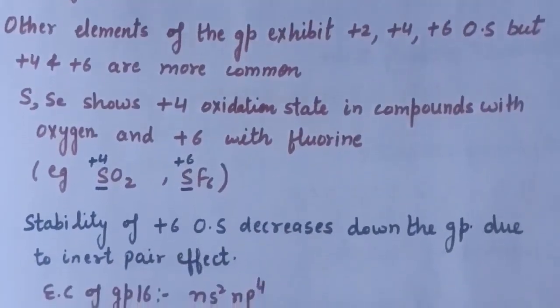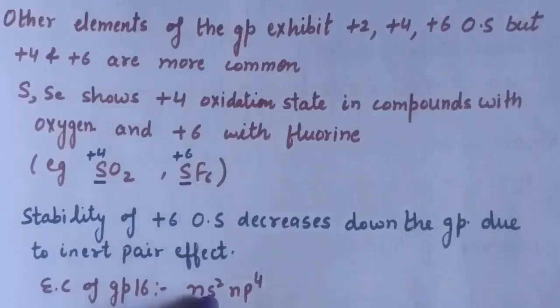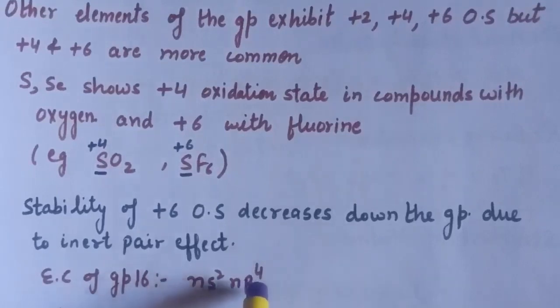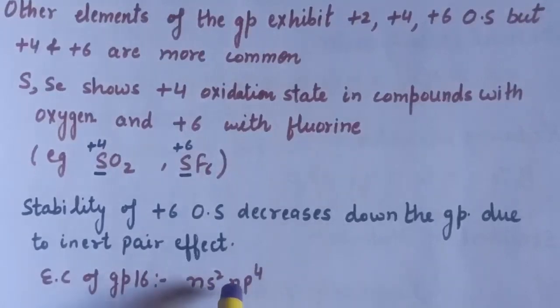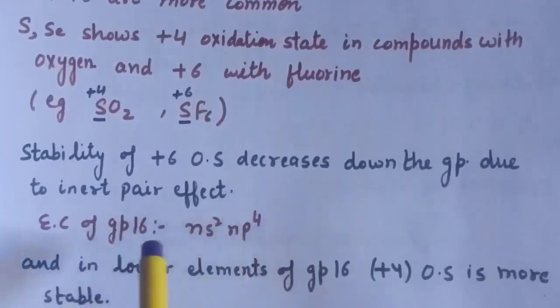This we have discussed in group 15 also, that due to the presence of d and f electrons, these ns2 electrons will not participate in the bond formation, and that is why the oxidation number for lower elements is 2 units less. That is, in case of tellurium and polonium, +4 oxidation state is more stable.